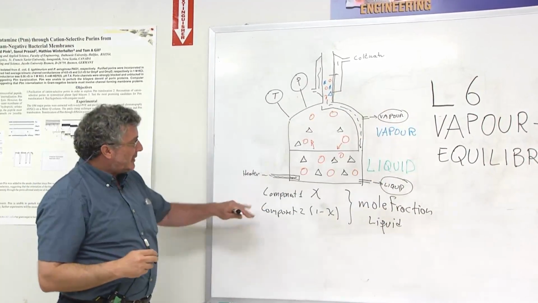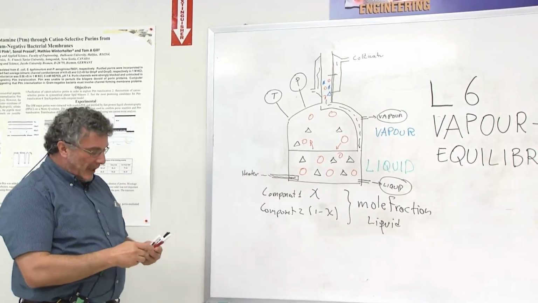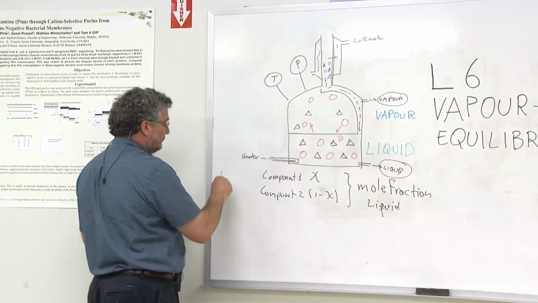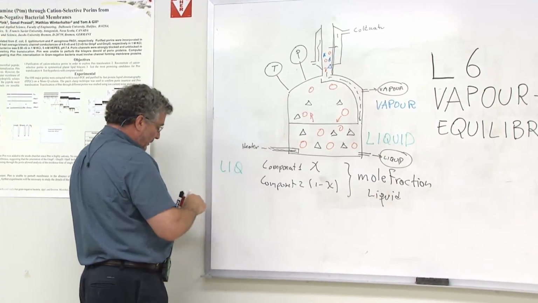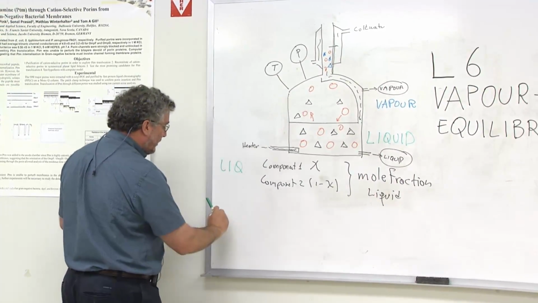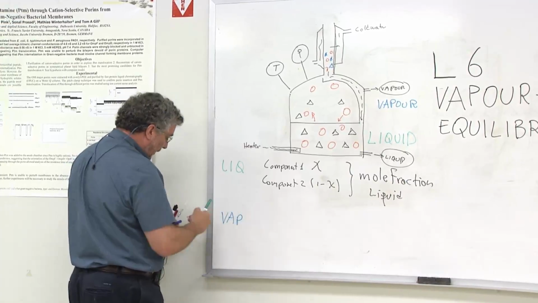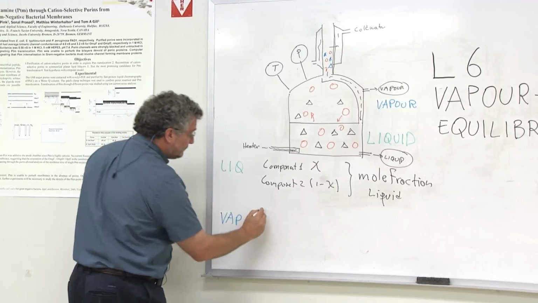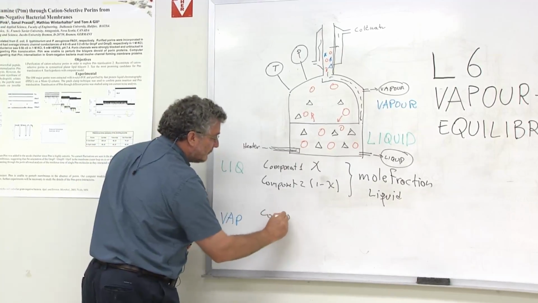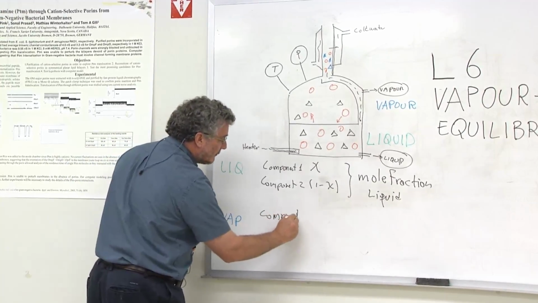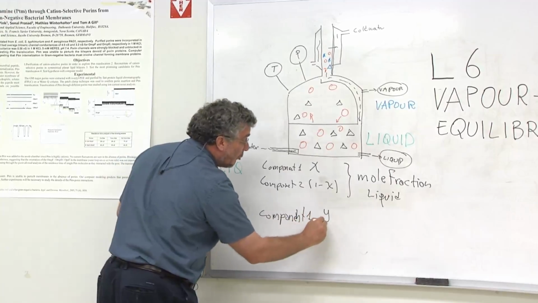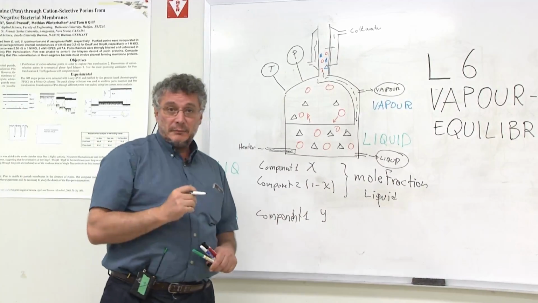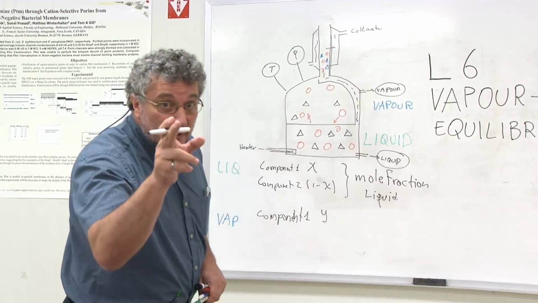Now, the same way as the liquid has mole fractions, the vapor also has its own mole fractions. And for convenience, we're going to call them Y instead of X. That way we don't confuse the liquid with the vapor.